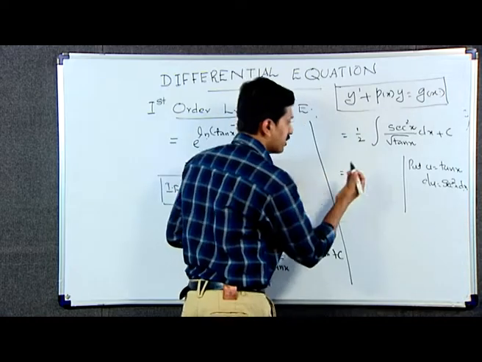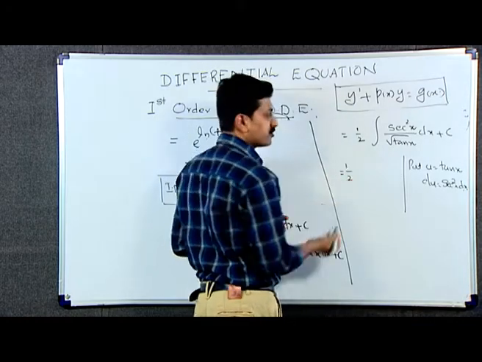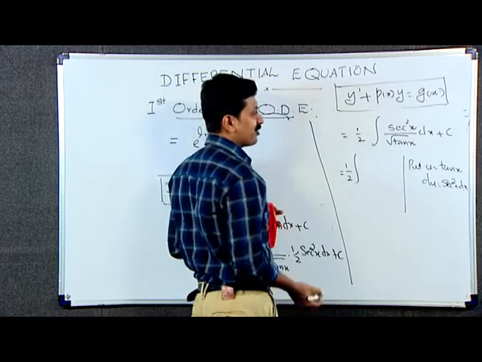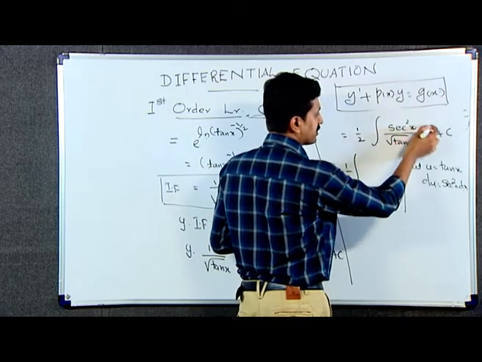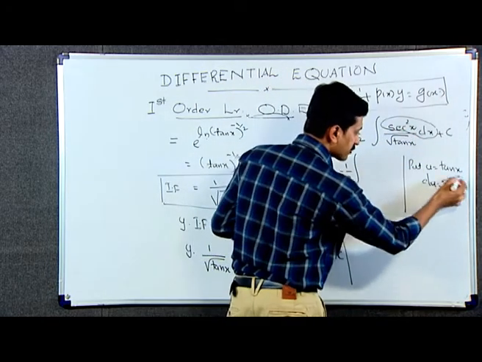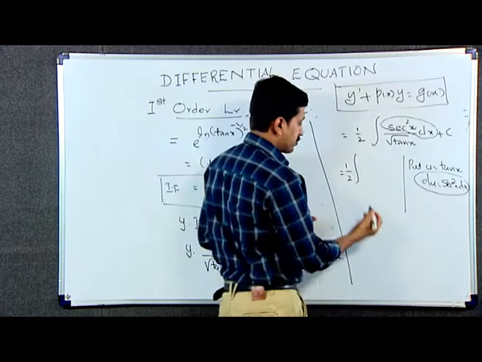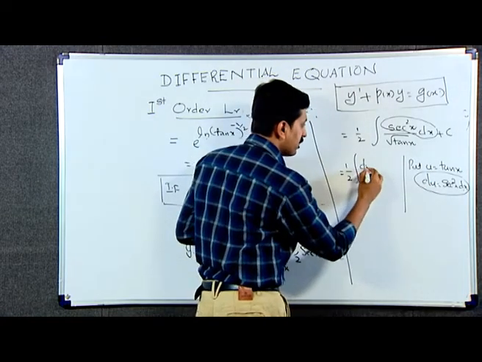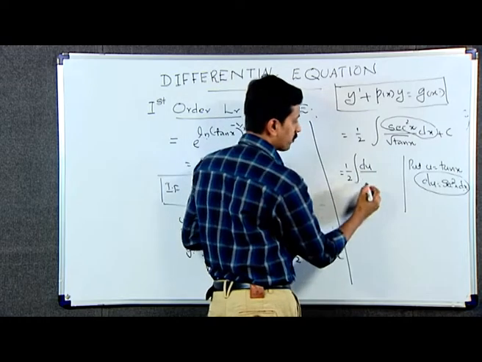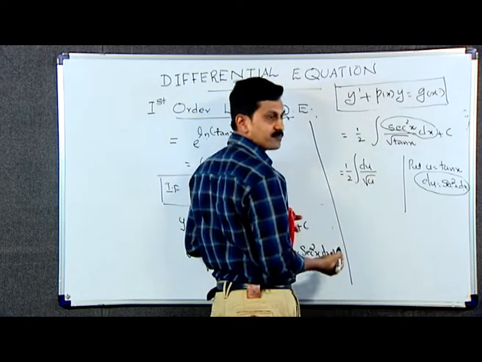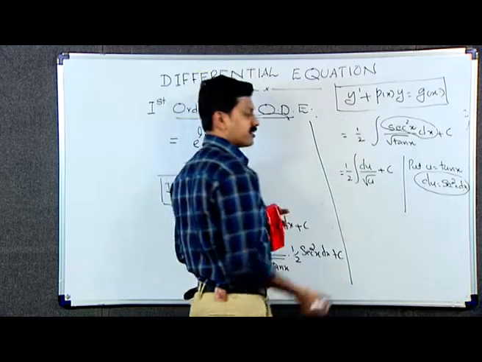So this will be equal to 1 by 2 into the integral of sec square x dx, and sec square x dx is du. So sec square x dx divided by root of tan x is du divided by root u, plus c.